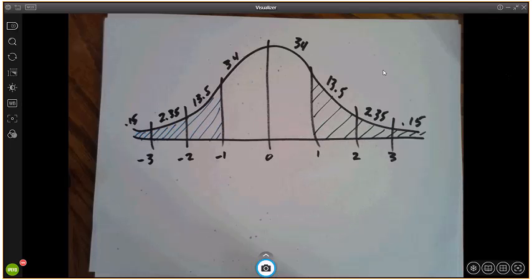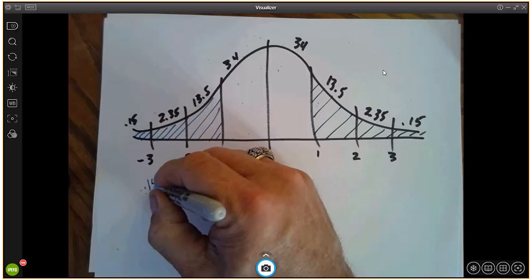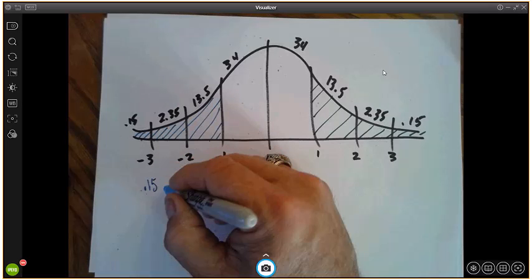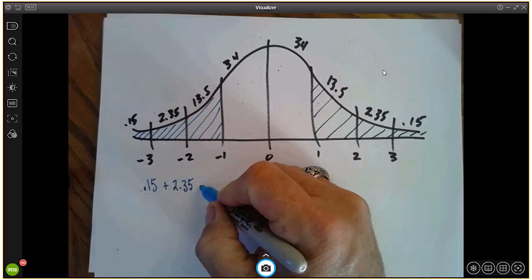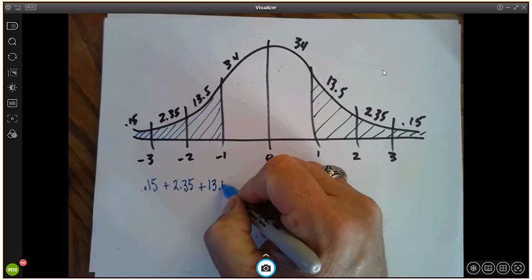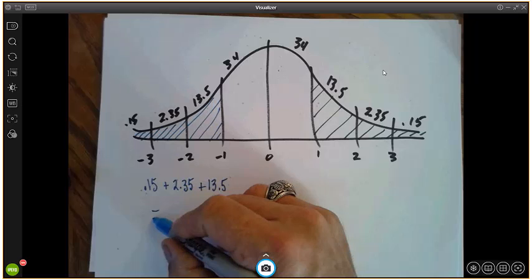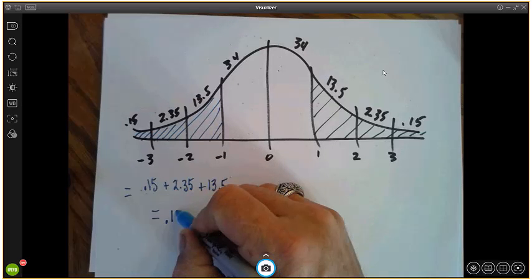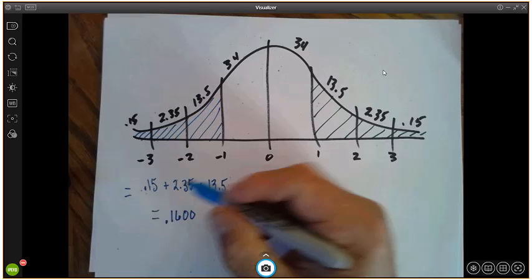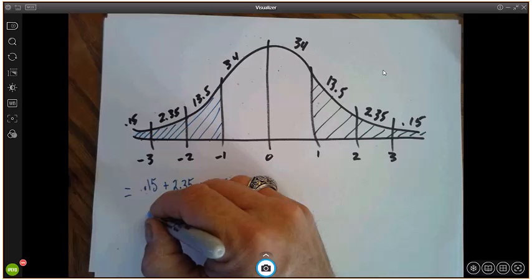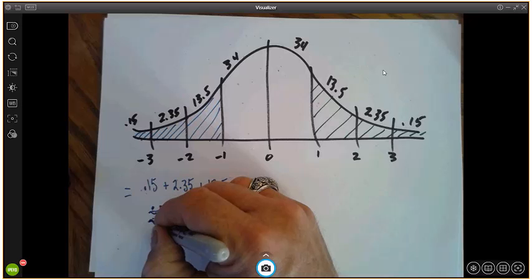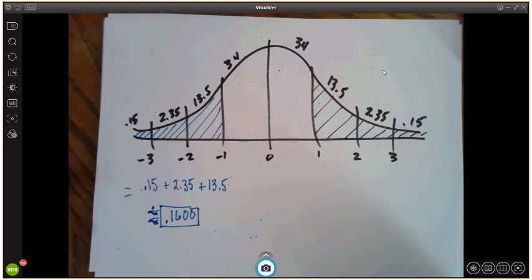All right, so in the blue, I'm going to take 0.15 plus 2.35, which is 2.5, plus 13.5, and that's approximately 16%. That's approximate because the empirical rule is for estimation.